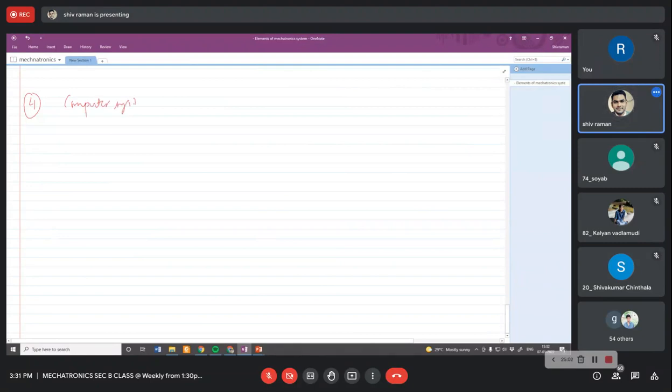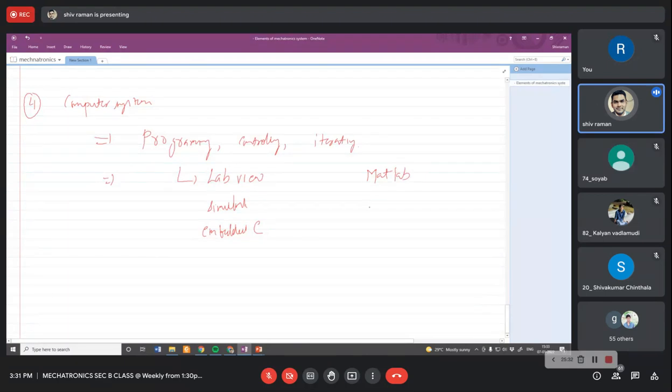A computer system is basically used for programming, controlling, and iterating the systems. Programming can be done with the help of various software like LabVIEW, Simulink, and embedded C. But nowadays other languages or platforms are used, like MATLAB.